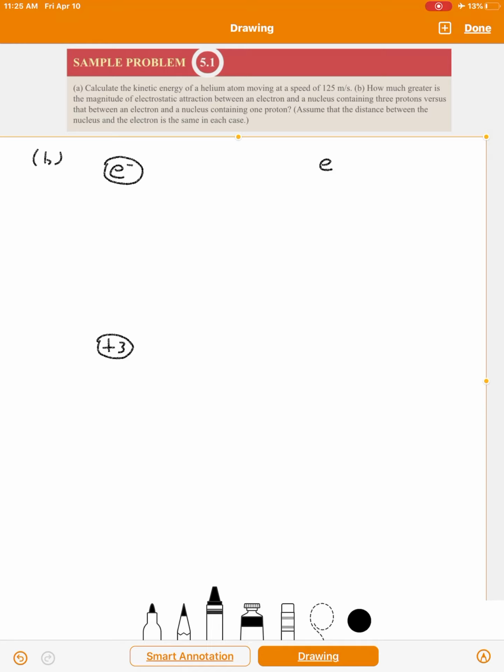And then I'm going to draw an electron at the same distance, but now the nucleus has a charge of +1. Same distance, but different charges.